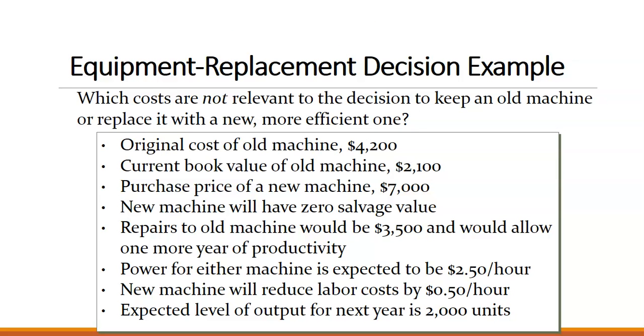If we look at this equipment replacement decision example and need to decide which costs are relevant and which are not, we have the original cost of the old machine, the current book value of the old machine, purchase price of a new machine, salvage value of the new machine, repairs to old machine, which would allow 1 more year of productivity, how much it costs to operate both machines, that the new machine will reduce labor costs by 50 cents per hour, and the expected level of output for the next year is 2,000 units.